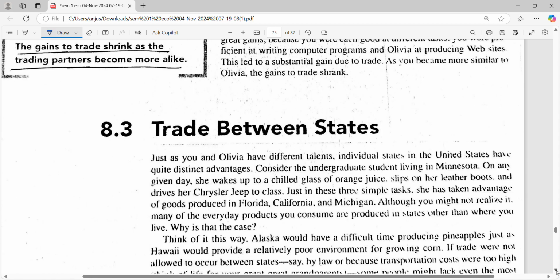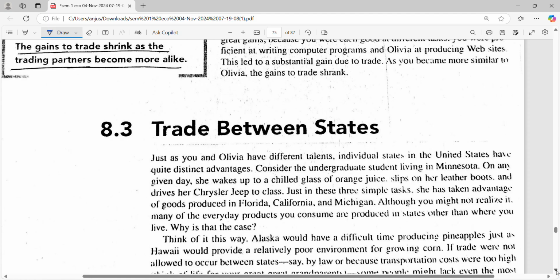And again, when the trading partners become more alike, as you are getting some courses: before you took the intensive one-week course on website production and design, trading with Olivia was of great gain, because you did not have any advantage in the production of websites, and if you invested your time into producing websites, it was a big loss for you, because you just got one website in 1 hour.